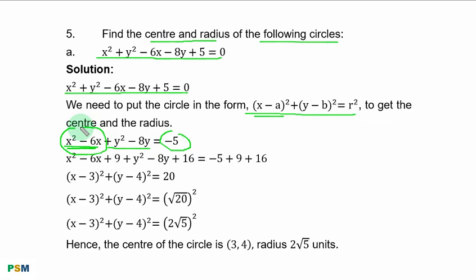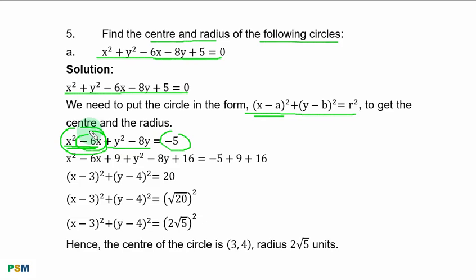It is a quadratic equation, but in order for us to factorize, you have to express it as a perfect square. That is only possible by looking for half of the coefficient of x. That is, half of minus 6 is minus 3.